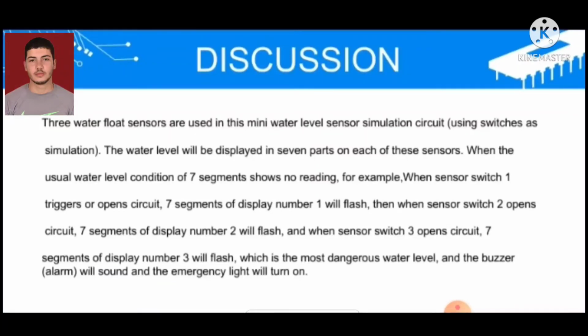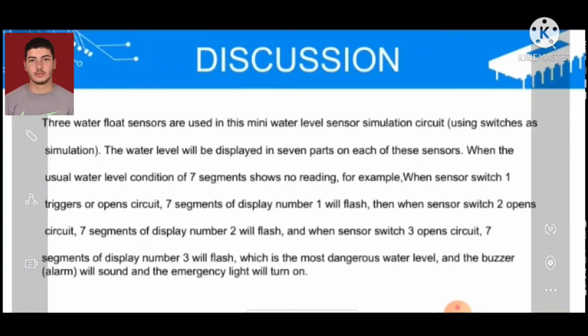Then when sensor switch 2 open circuit, the 7 segments display number 2 will flash, and when sensor switch 3 open circuit, the 7 segments display number 3 will flash, which is the most dangerous water level, and the alarm will sound and the emergency light will turn on.